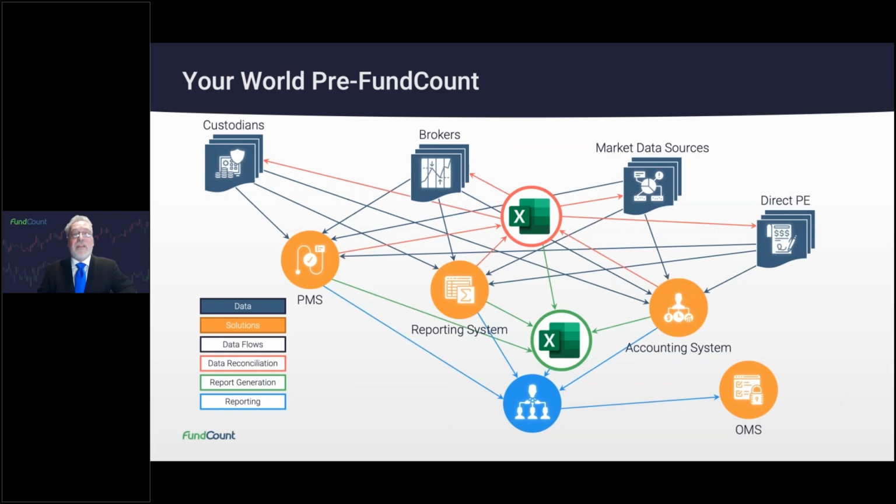We often see that this is held together with Excel for reporting and internal reconciliation, and specifically reporting to both internal and external stakeholders. As we've already noted, there is a lot of time wasted in collating and reconciling this data, specifically when it comes to reporting time.